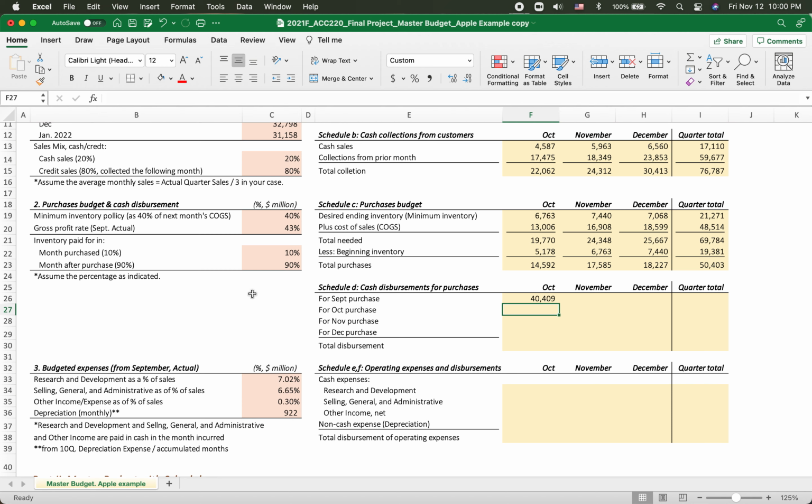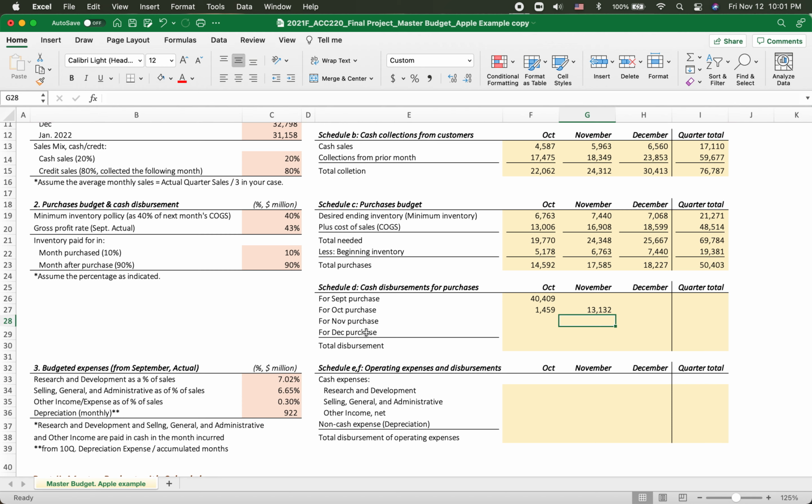And how much is the October purchase? Now we have this information on the schedule. The October purchase times how much percentage? 10%. The company paid right away, right?